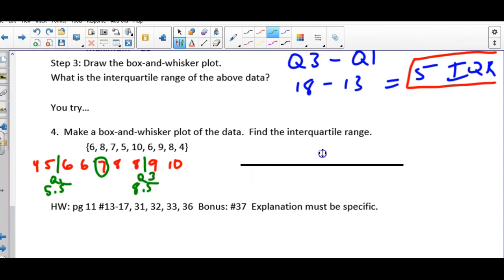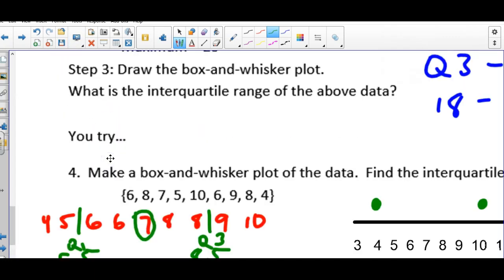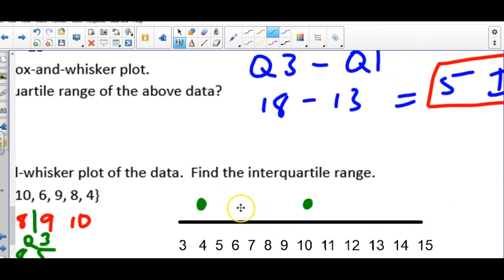So now just make a number line right here. I typed in the numbers so it can be a little neater. Just label all your parts. Your minimum is 4. Your maximum is 10. Let me zoom in on that so I have a little more space to write. We said our median was 7.